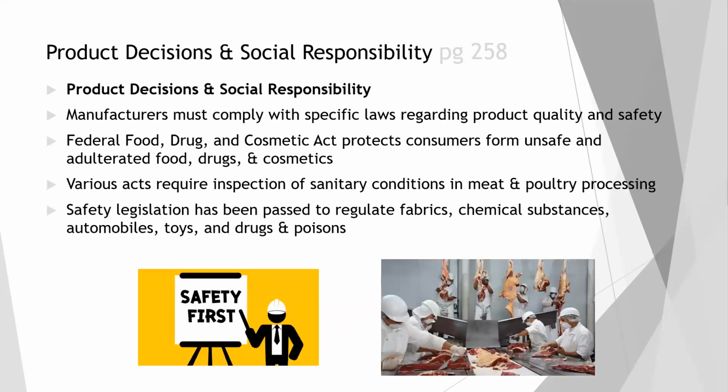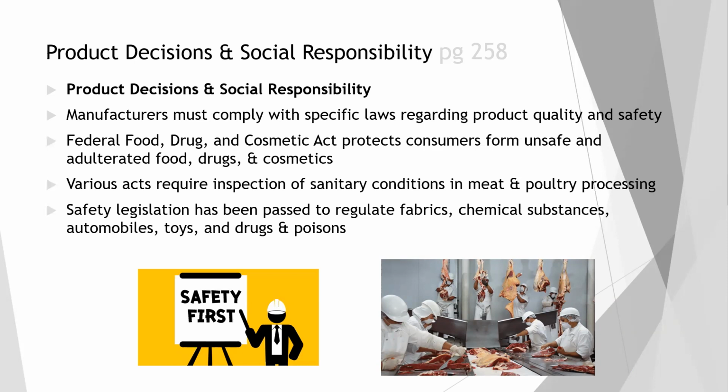And manufacturers also have to comply with specific laws regarding product quality and product safety. So the federal Food, Drug, and Cosmetic Act protects consumers from unsafe and adulterated food, drugs, and cosmetics. So these various acts require inspections of sanitary conditions in meat and poultry processing.